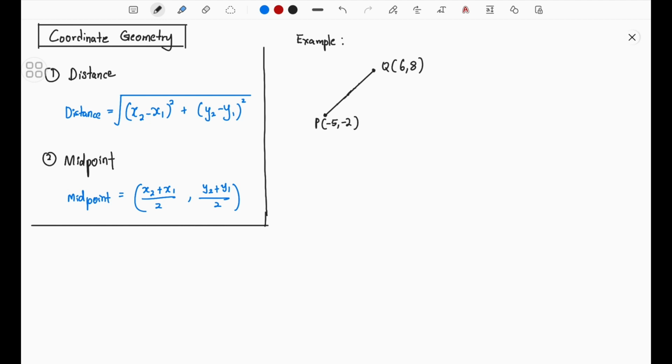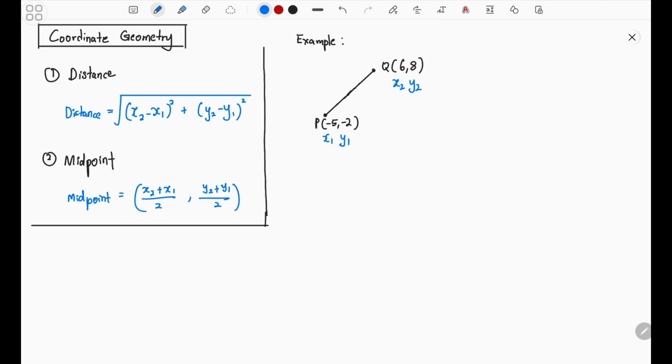Okay, you are given two points, point P and point Q, and let's say now the question is asking you to find the distance between point P and point Q. So how would you start the question? First, you will have to assign the coordinates as x1, y1 and x2, y2. So to follow the alphabetical order, I will choose my point P as x1, y1 and my point Q will be x2, y2.